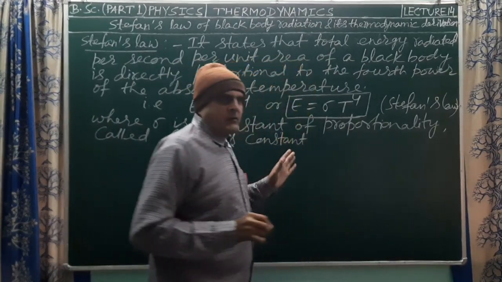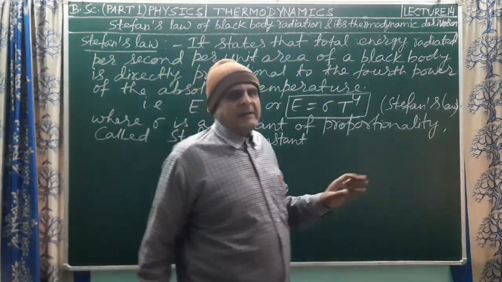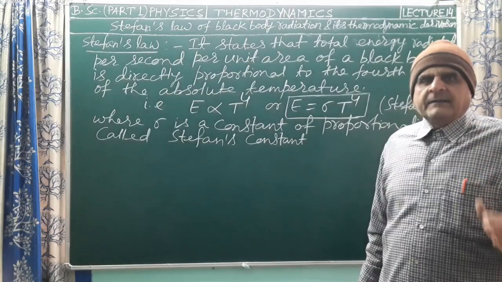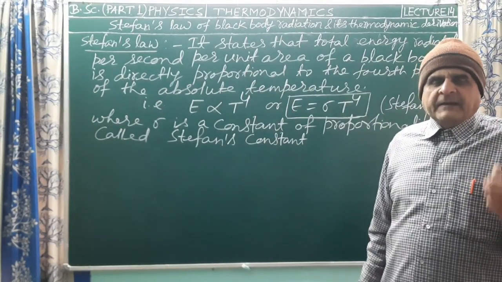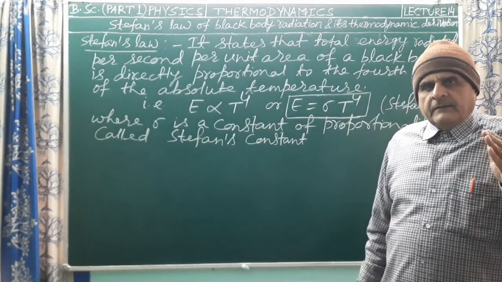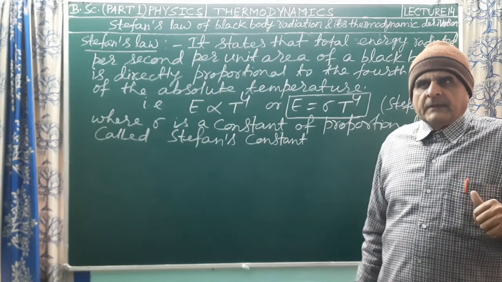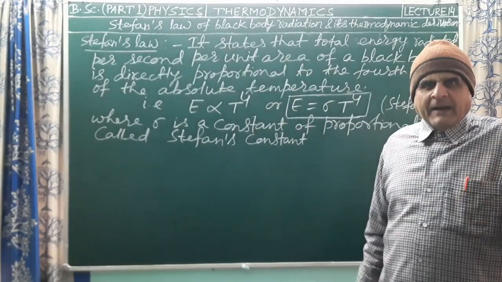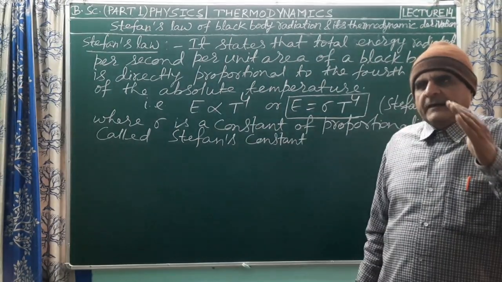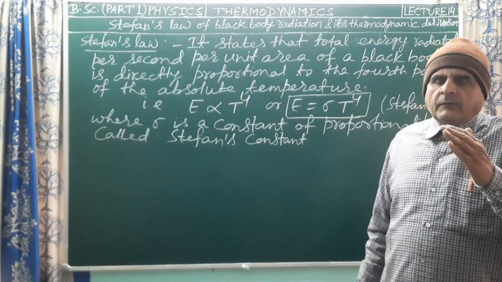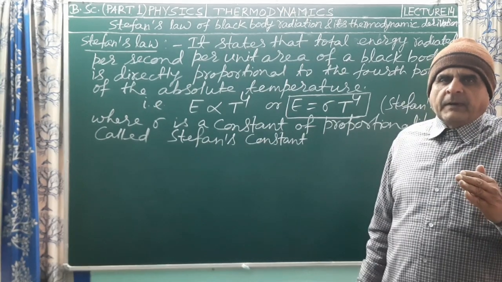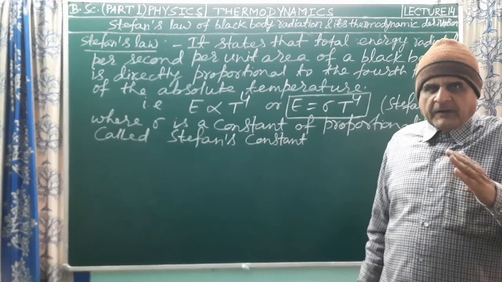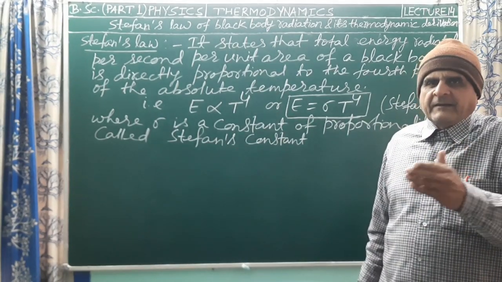The value of Stefan's constant sigma is found to be 5.67 multiplied by 10 to the power minus 8 joule per second per meter square Kelvin to the power minus 4, or 5.67 into 10 to the power minus 8 watt per meter square per Kelvin to the power minus 4, since joule per second is watt.